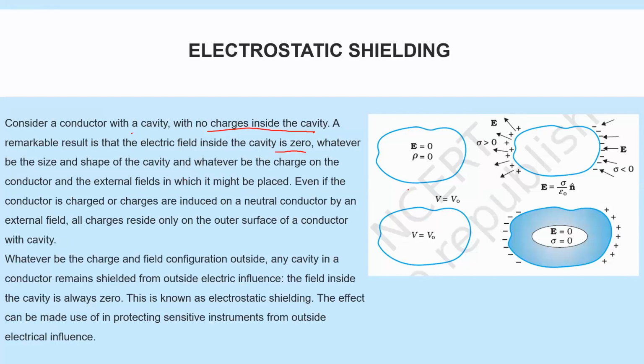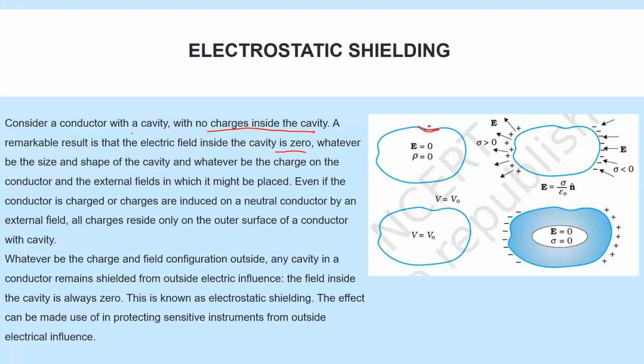You can see over here, suppose this is a conductor, and this is your cavity. We have found that the electric field in these kinds of cavities is actually zero, no matter the size and shape of the cavity and whatever charge is there on the conductor and the external field in which it might be placed.